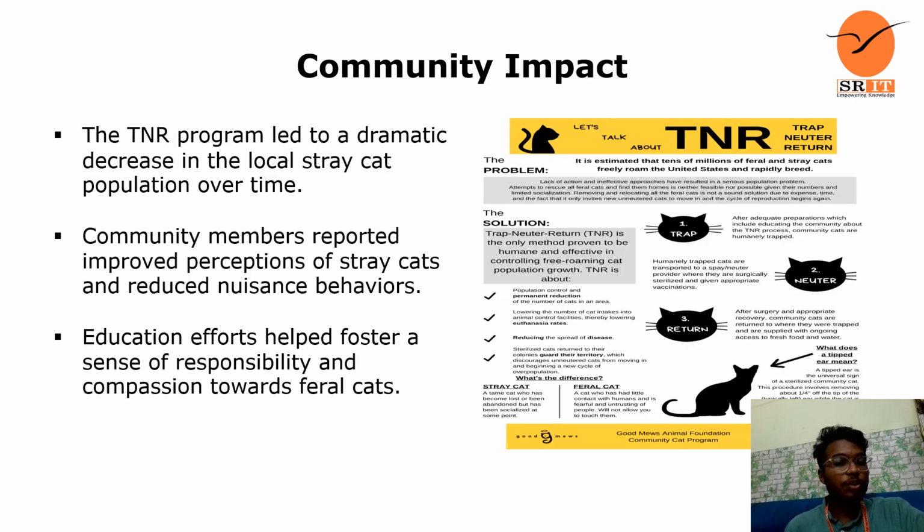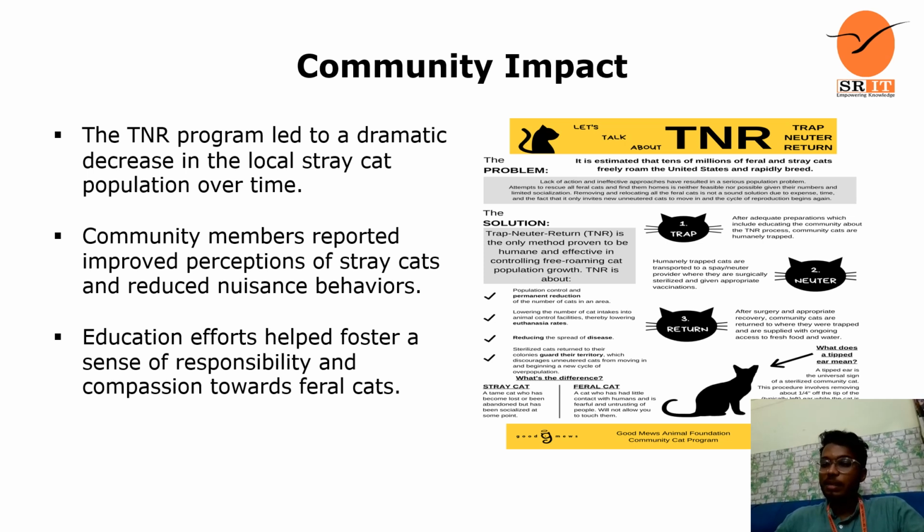The TNR program led to a dramatic decrease in local stray cat population over time. Community members reported improved perceptions of stray cats and reduced nuisance behaviors. Education efforts helped foster a sense of responsibility and compassion towards feral cats. See here, usually there have been a lot of stray cats in the neighborhoods, especially urban areas.